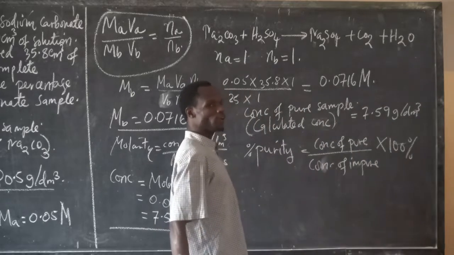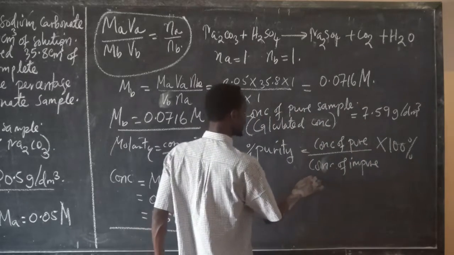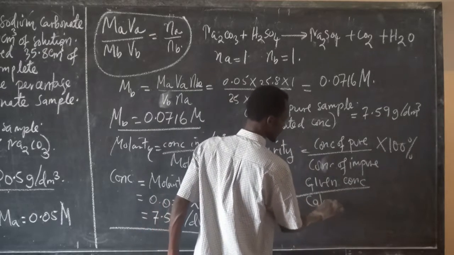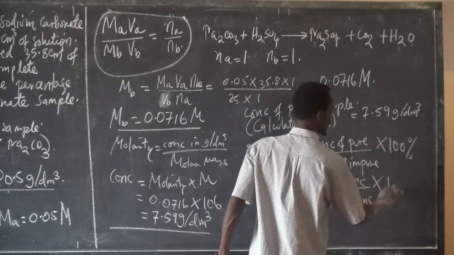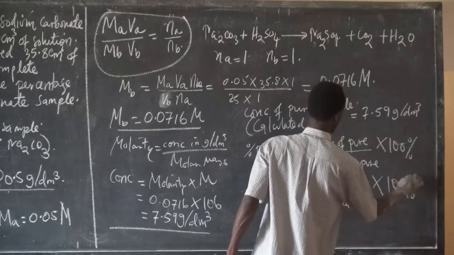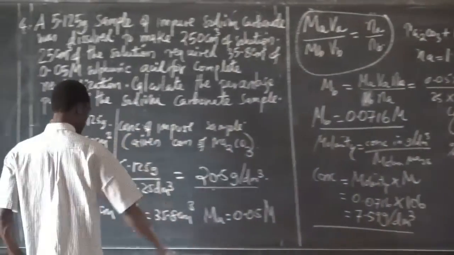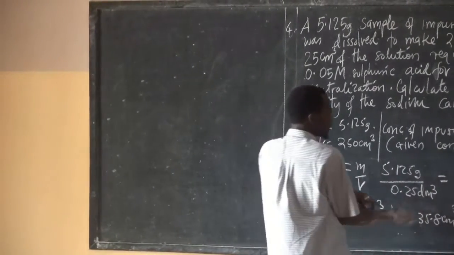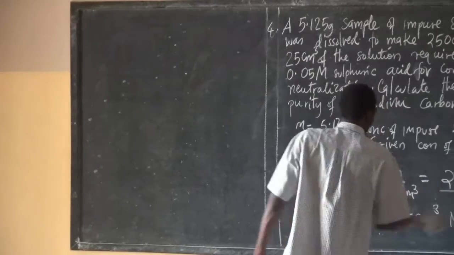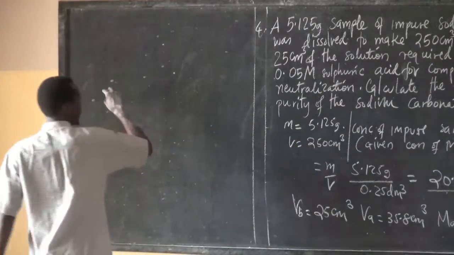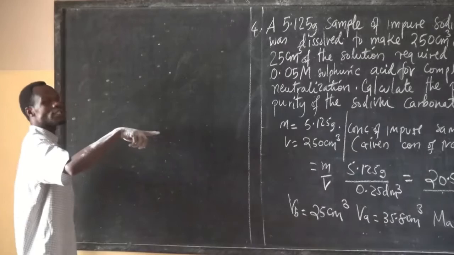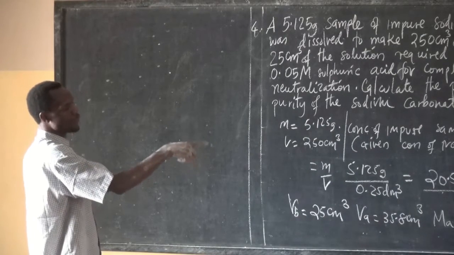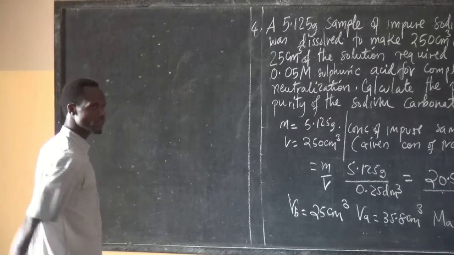In other words, calculated concentration over given concentration times 100%. From the question, the given concentration was 20.5 gram per decimeter cubed, and the calculated concentration we have got is 7.59.